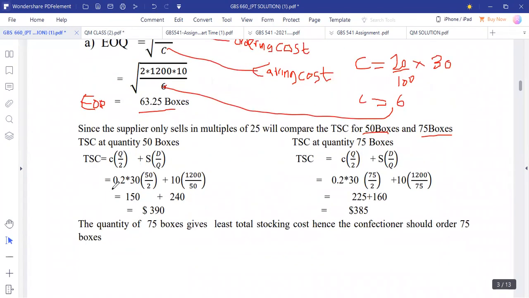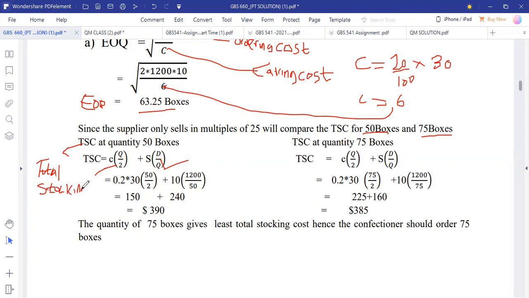So our total stocking cost formula is given by this, annual carrying cost and annual ordering cost. So we substitute here to get the total stocking cost. TSC simply means total stocking cost. So this is total stocking cost at Q of 50, because 63.25 falls between 50 and 75.